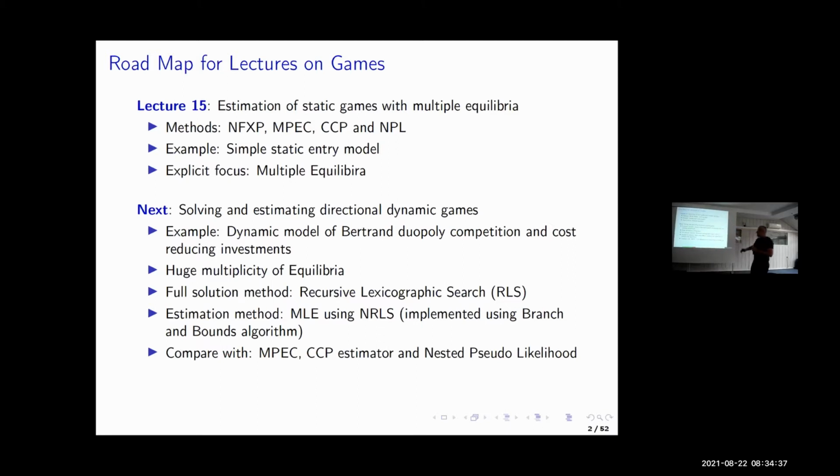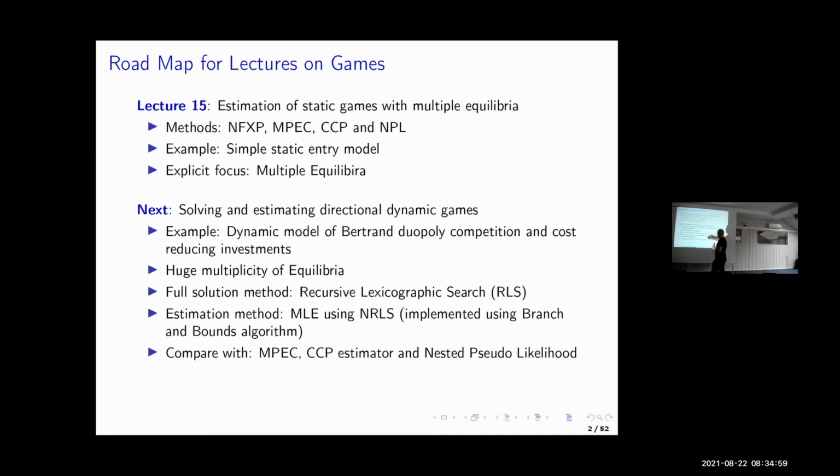I'm going to take the example of a very simple static entry model, and the explicit focus is going to be on multiplicity of equilibria. Afterwards, we're going to talk about a dynamic model, Bertrand price competition with cost reducing investment. That's what Fedor is going to talk about.